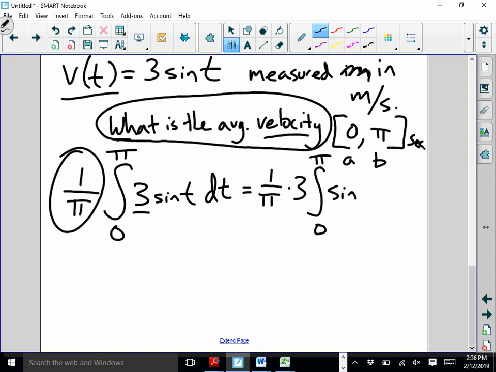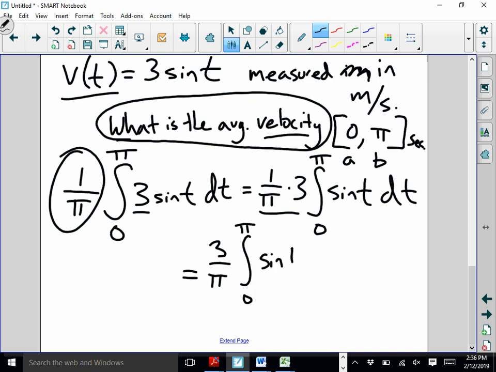Then I can combine these two to be 3 over pi. You don't have to do that. You can leave the 3 in there, and then the antiderivative of 3 sine t would be negative 3 cos t. Or you can pull that 3 out front. Either way, as long as you don't lose track of it, it should give you the same answer.